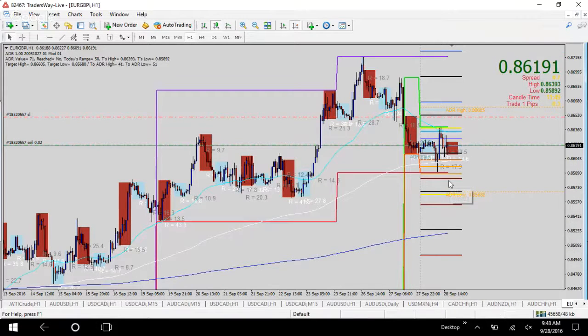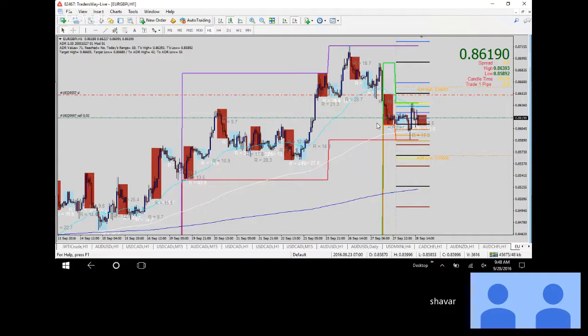All right, as you see, this is our entry. Price is right around our entry right now. Let that go. It has room to go down. It reversed from here about 100 pips ago. So we should at least get a minimum of 100 pips out of this trade.